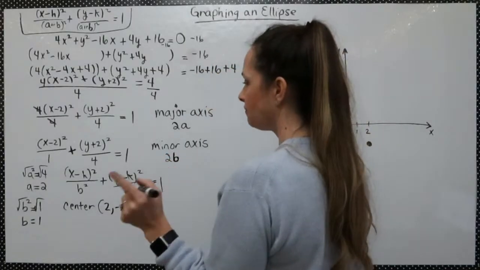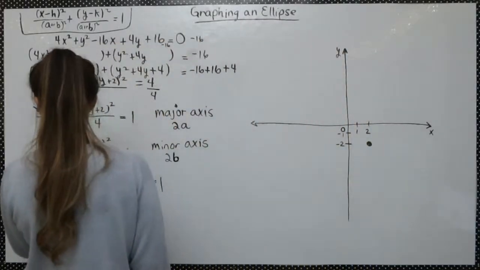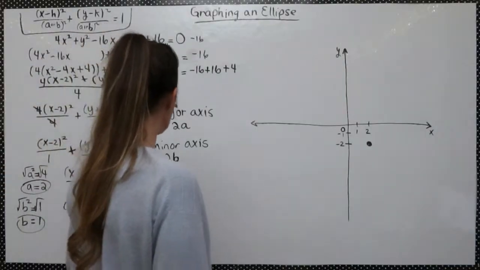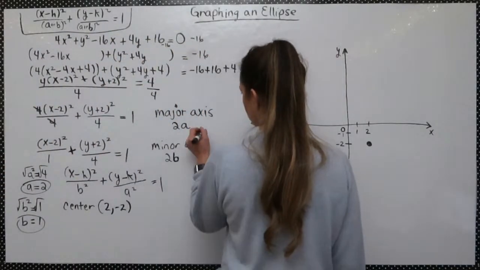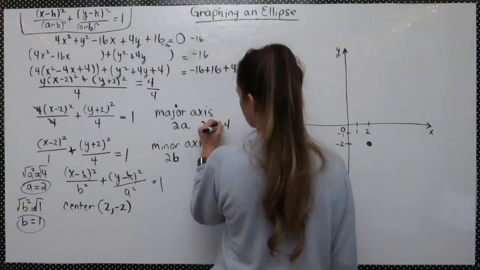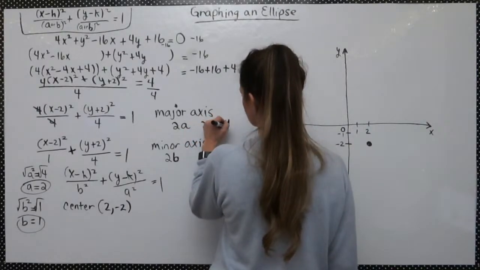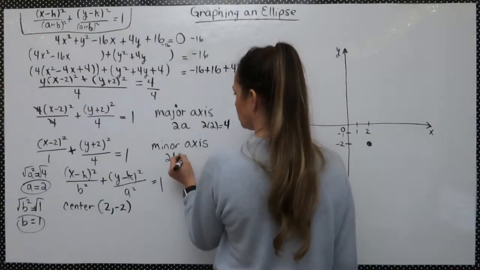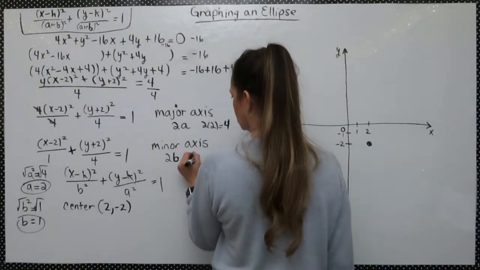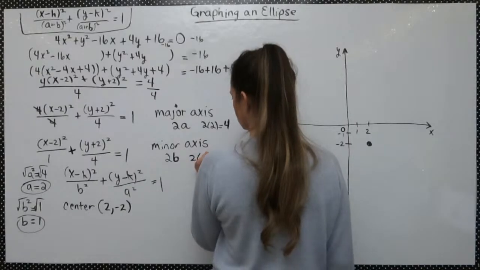So we've already calculated A and B here. So 2 times A is going to be 2 times 2, which is 4. So it's the length of 4. And then your minor axis is 2 times 1, which is 2.